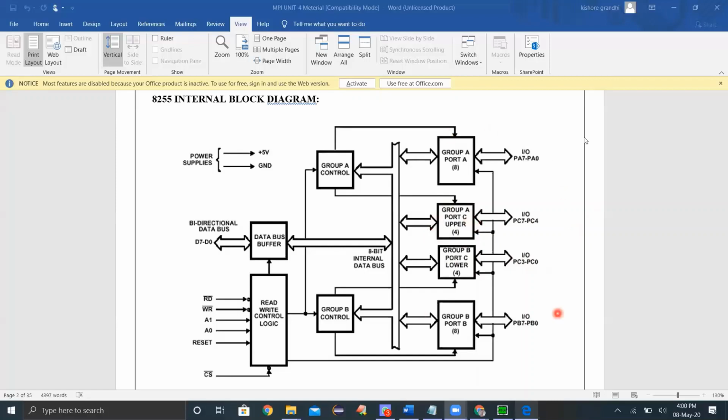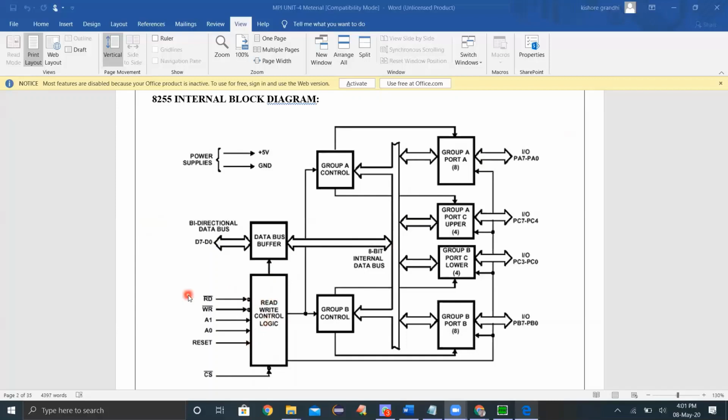These ports are used to transfer data from input-output devices to the 8086 processor or from the 8086 processor to input-output devices. This is the read/write control unit.